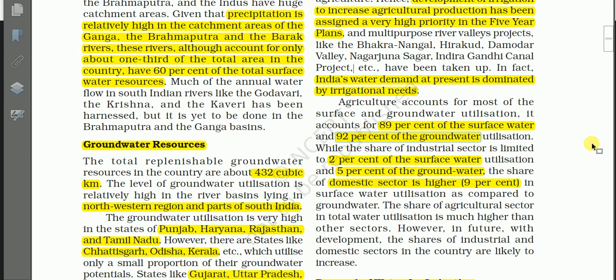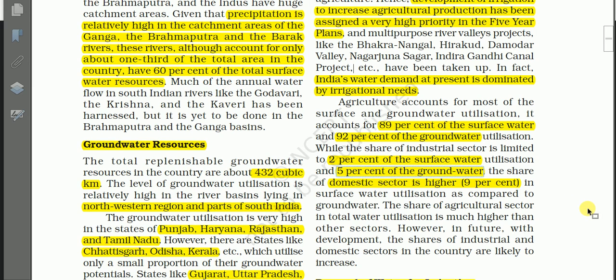Agriculture accounts for most of the surface and groundwater utilization. It accounts for 89% of surface water utilization and 92% of groundwater utilization, while the share of the industrial sector is limited to 2% of the surface water utilization and 5% for groundwater.